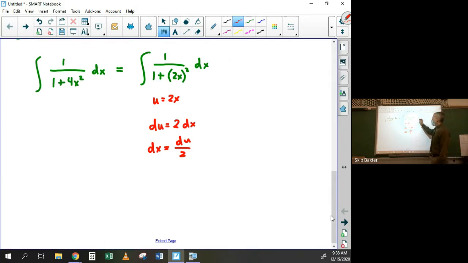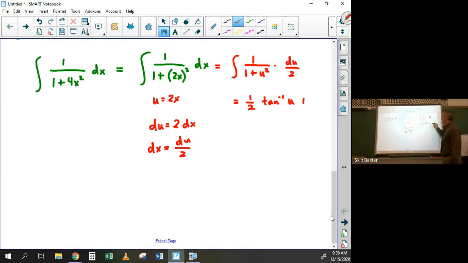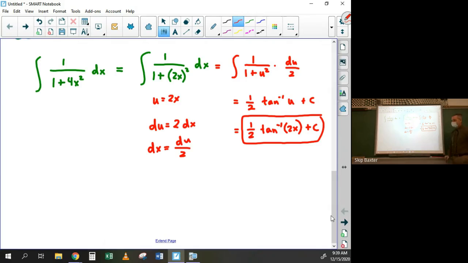And then if you make that substitution, this is just the integral of 1 over 1 plus u squared times du over 2, which is just going to be 1/2 inverse tangent u plus c. So the answer is 1/2 inverse tangent of 2x plus c. That would be the answer.